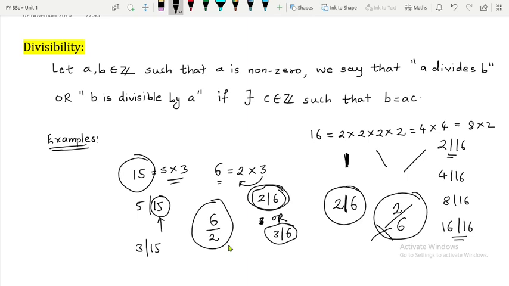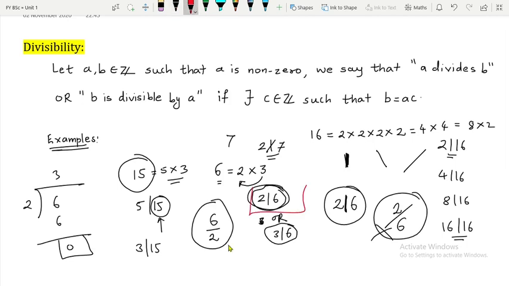And what if 2 does not divide some number? If I talk about 7, you can see that 2 is not dividing 7. Why is it happening? The simple logic is, if you talk about 6 and 2, I am saying 2 divides 6 because 2 threes are 6 and the remainder you are getting is 0, and therefore we say that 2 is dividing 6.